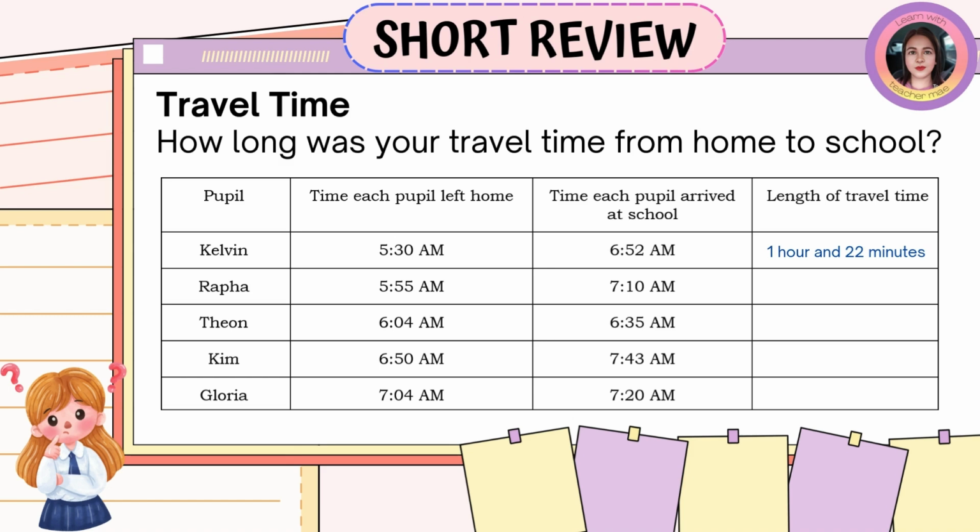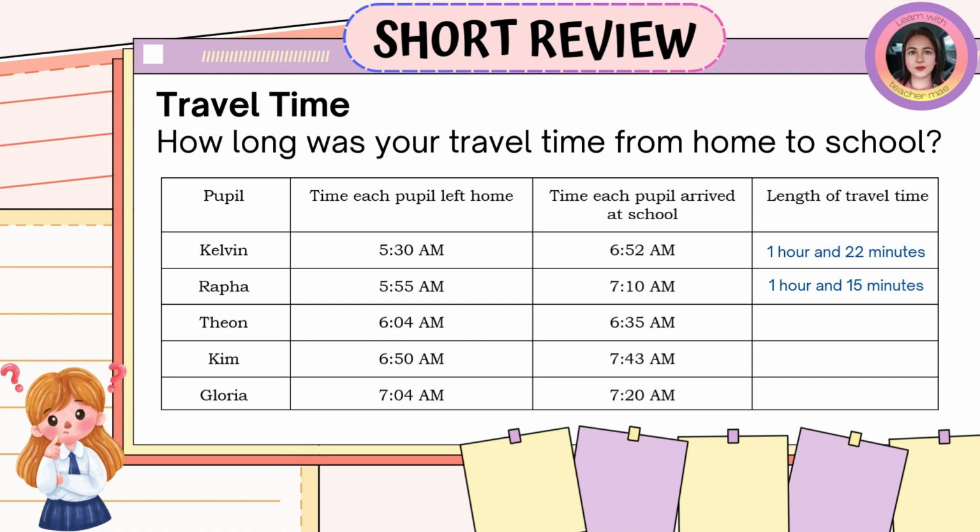Next is Rafa. Time left home is 5:55 a.m. Time arrived at school is 7:10 a.m. Length of travel time is 1 hour and 15 minutes. Next is Theon.